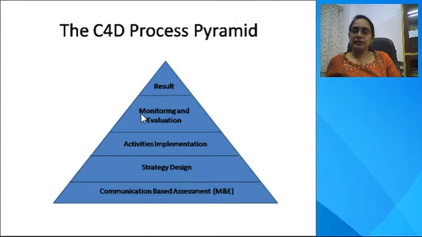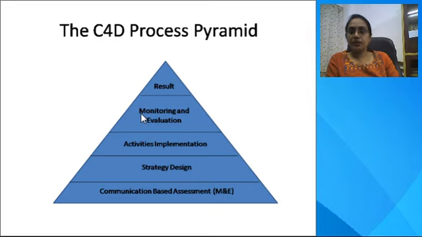So monitoring and evaluation is something which needs to be planned right away in the beginning. I might be doing it at regular intervals of time throughout the project cycle. At the end, the evaluation happens, but the entire planning, the entire incorporation of the plan for monitoring and evaluation needs to be done right at the beginning of the project.